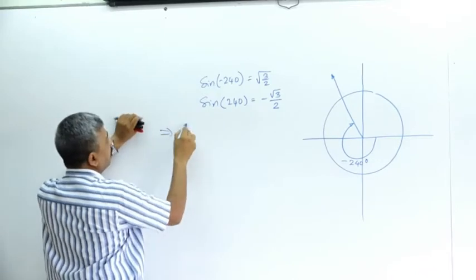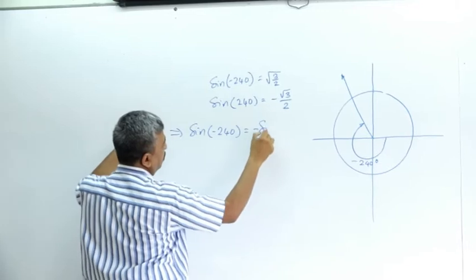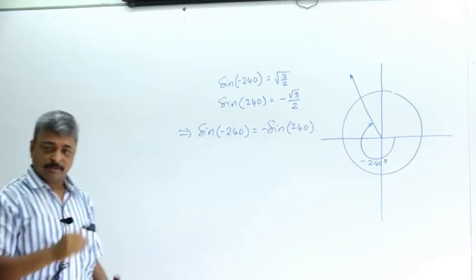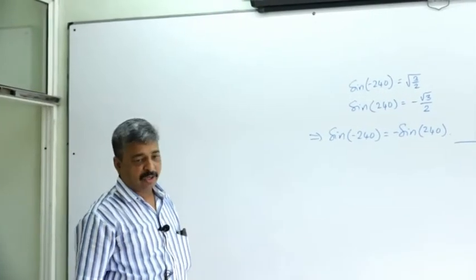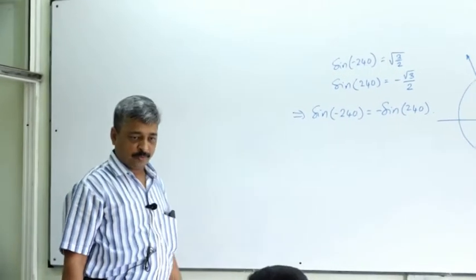Therefore, this implies sine of the opposite of 240 is equal to the opposite of sine 240. True. Still true. It doesn't matter in which quadrant that fellow goes and sits, the rule is going to be true.